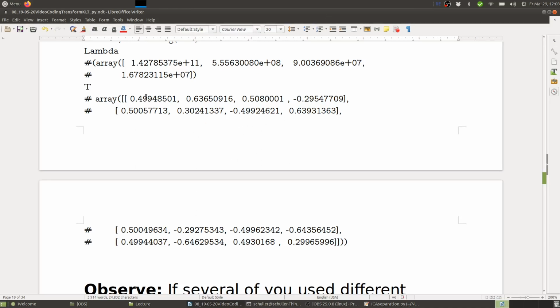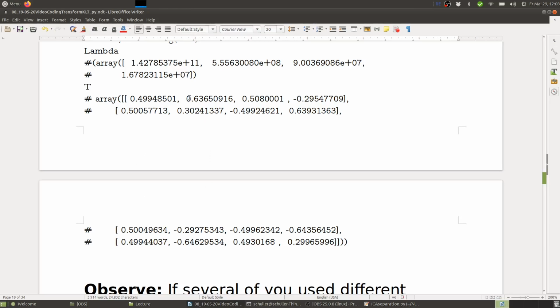And in the first column you can see you have values which are almost always 0.5. And that's almost identical to the DCT Type 2. Right? In the DCT Type 2, you had exactly 0.5 in the first column, all 0.5s, right?